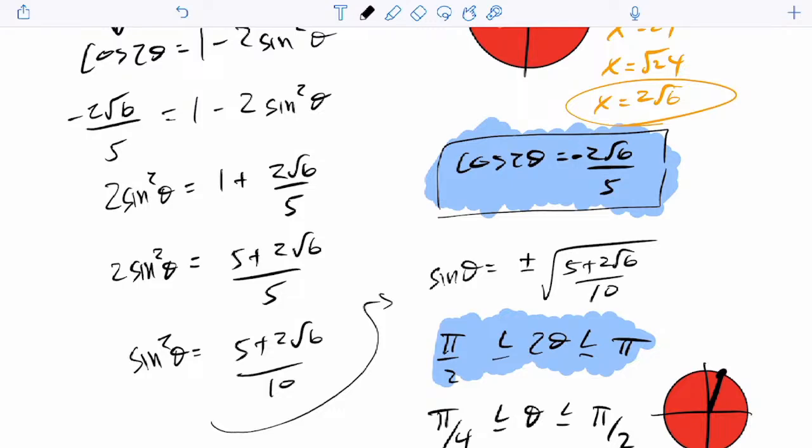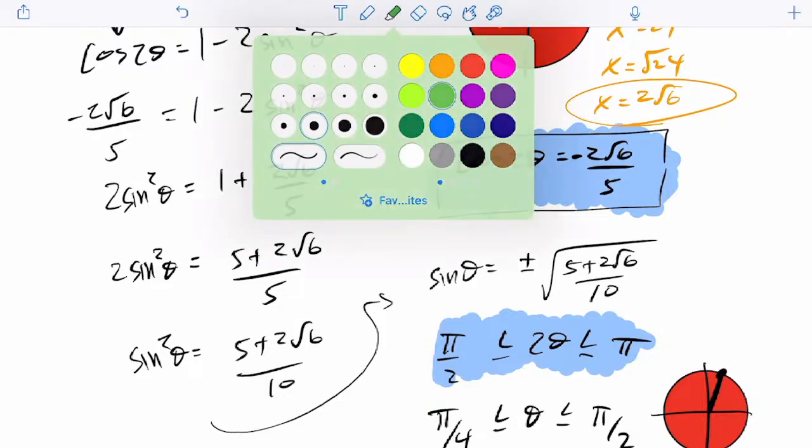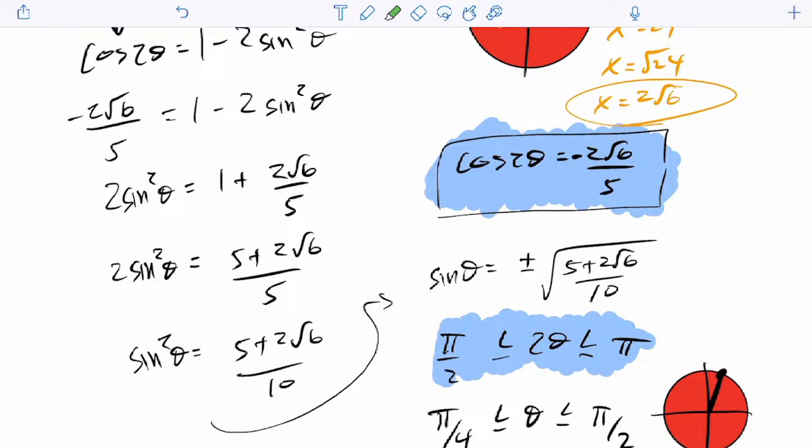So I can drop the option of a minus sign, and you get that value. Okay, so there's sine of theta.